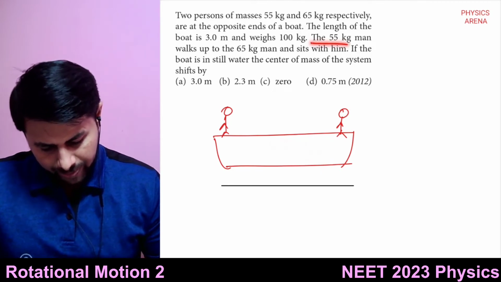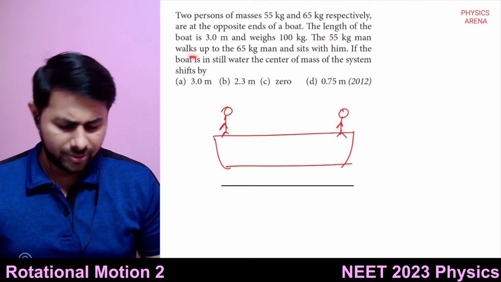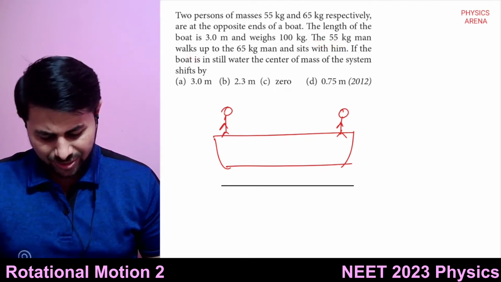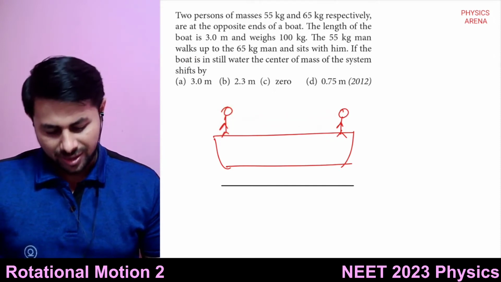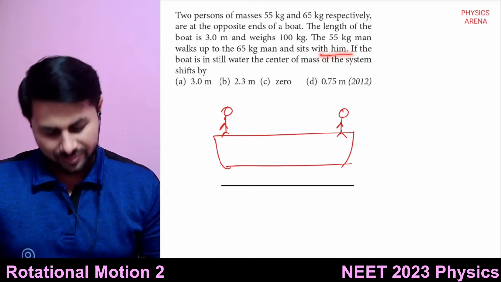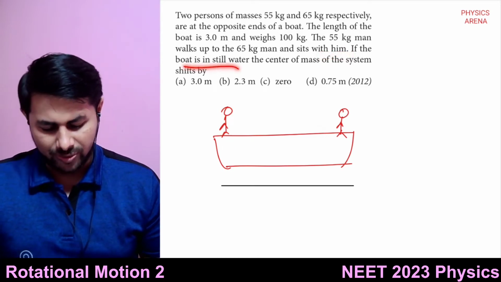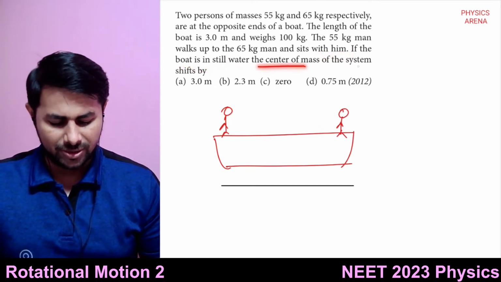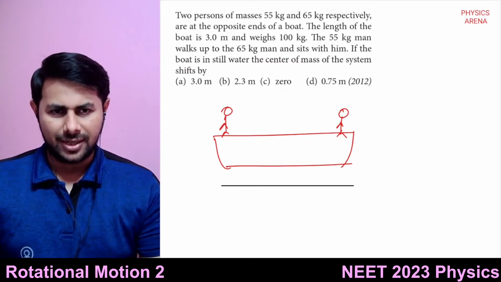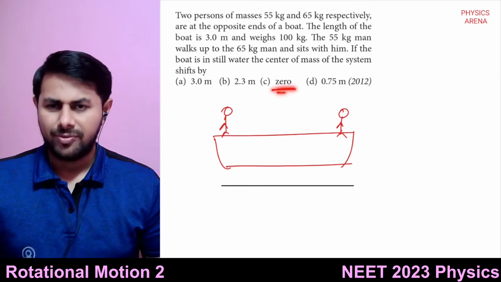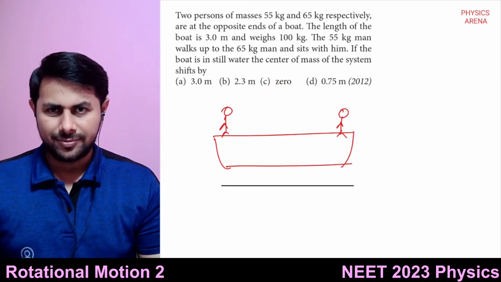The 55 kg man walks up to the 65 kg man and sits with him. If the boat is in still water, the center of mass of the system shifts back. Option C, right? Option C, because there is no external force.